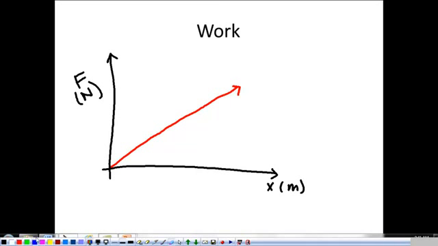So if we look at this graph, look at the area under the graph, right here, to calculate that area, we have to take our force times our displacement.